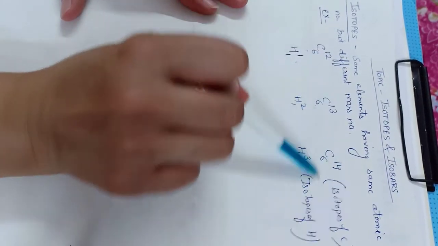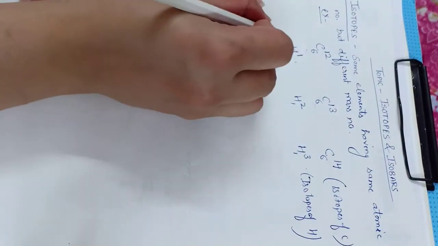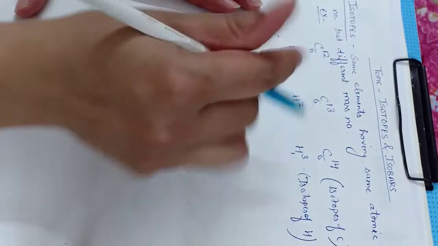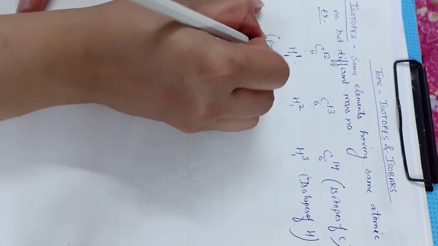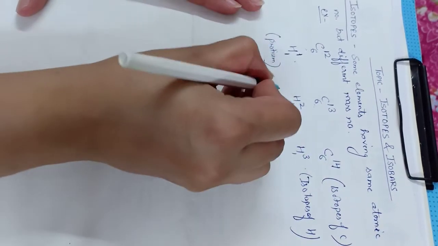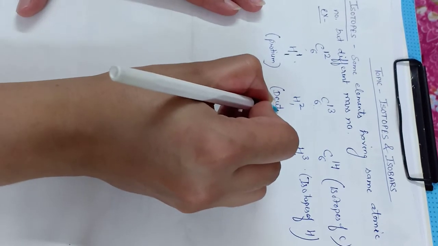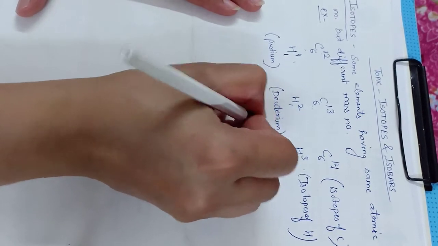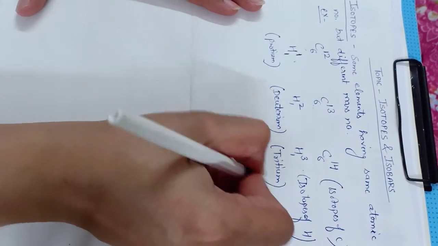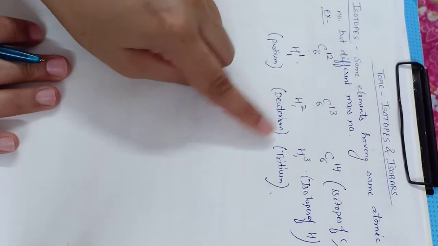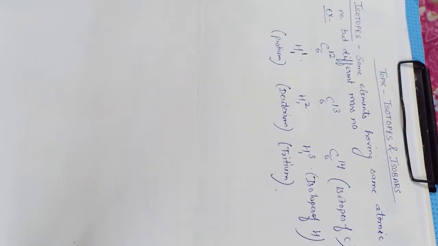And one more thing, always remember the common names of these hydrogens. Hydrogen with mass number 1 is known as protium, mass number 2 is known as deuterium, and mass number 3 is known as tritium. So these are the best examples of isotopes.